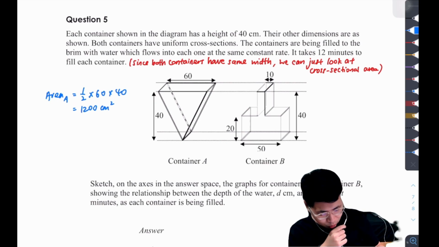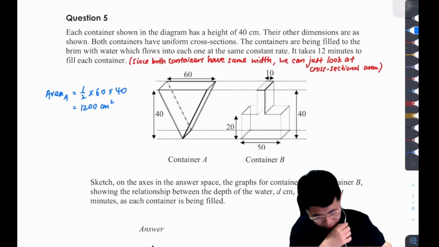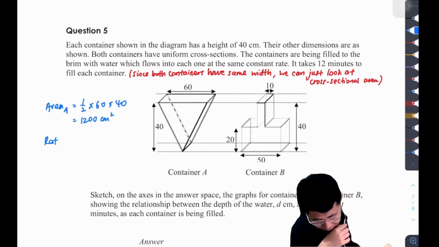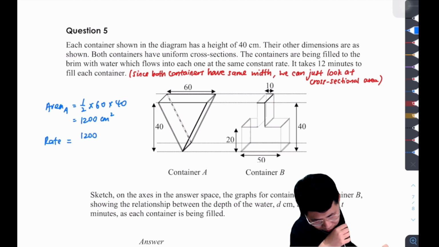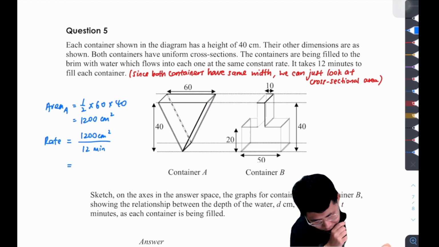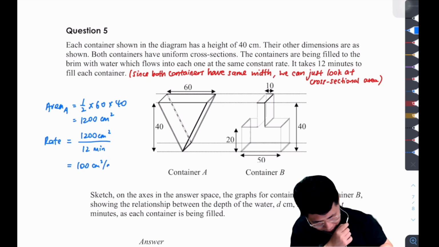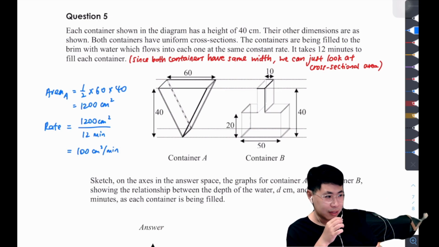Okay, so the rate in which the area is being filled, so here we're just looking at the amount over time. So the amount is going to fill in this amount of area divided by 12 minutes, right? So each minute is going to take us 100 cm square. So 100 cm square per minute. So let's take a look at the other one over there.